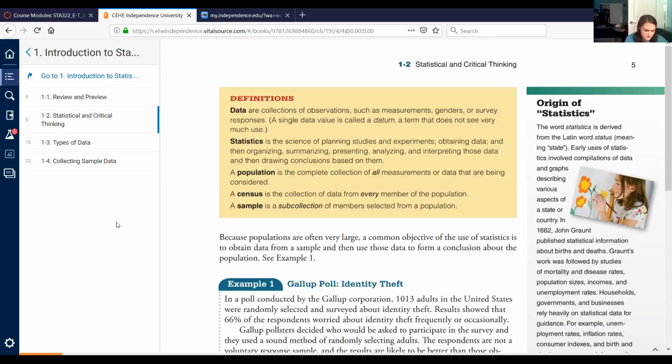A census is when you actually take your data from every member of the population. And we're going to go through a census next year, because 2020 is going to be a year when we do our decennial census as required by the Constitution. And in that process, we will make every effort, and believe me, they work hard at this, to talk to every household in the nation.